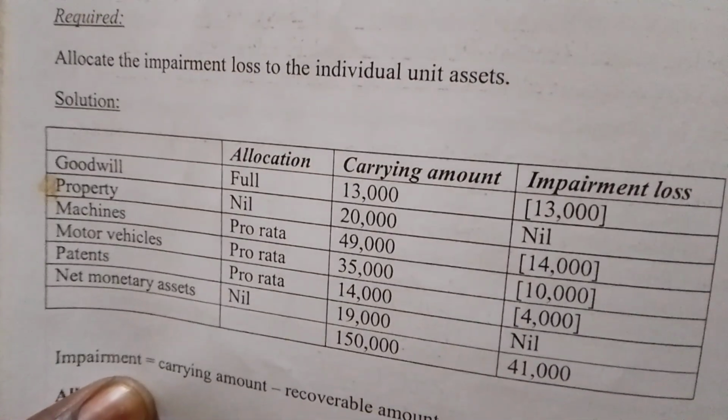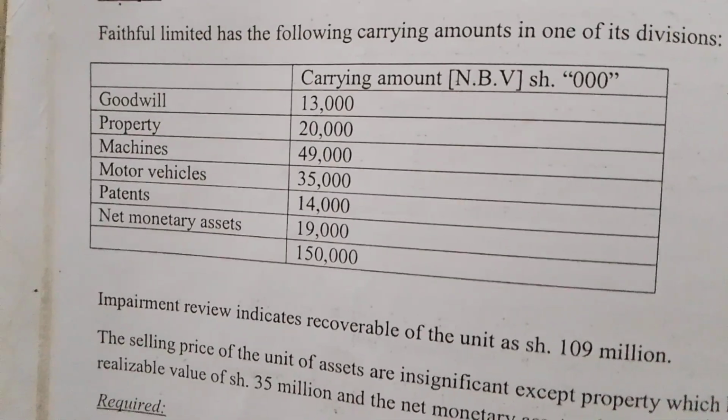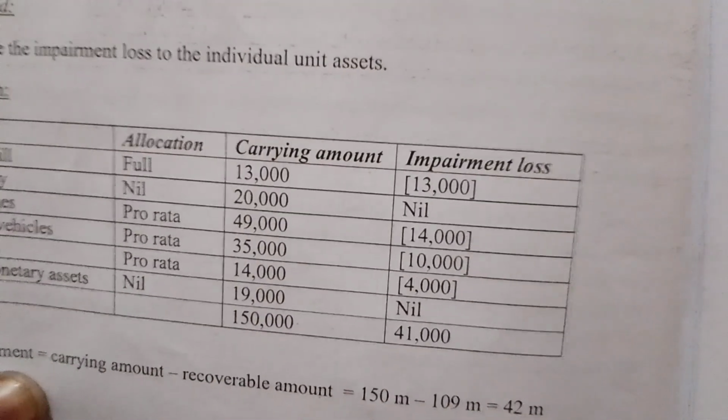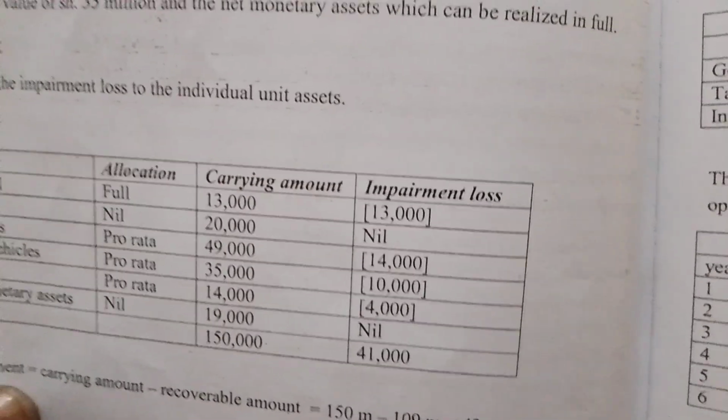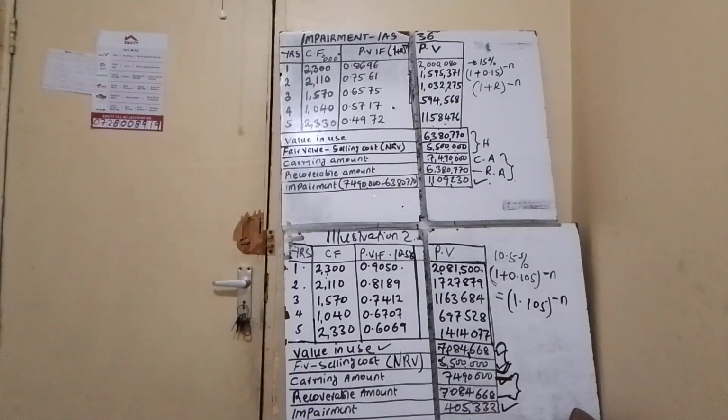You can see there. Now go to the second item, property. Property, that 20,000, how have you treated that? What are we being told?